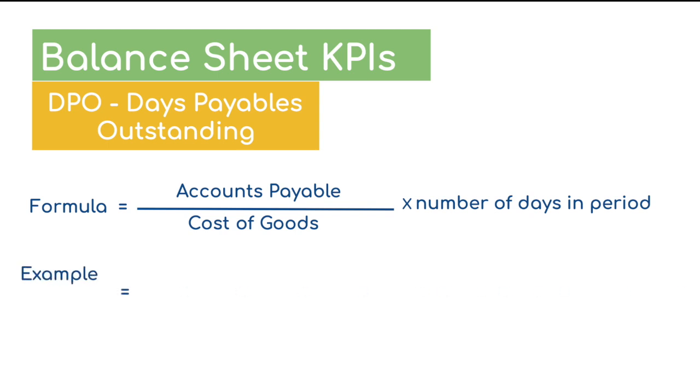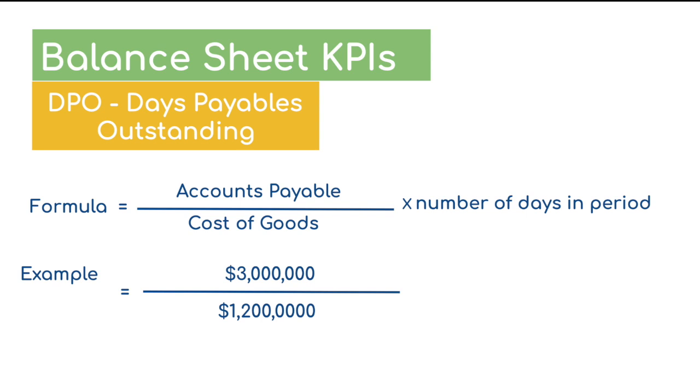So as an example, if you take an average accounts payable balance of $3 million divided by cost of goods sold of $1.2 million, then multiply that by the number of days in the month, which is 31 days, say in the month of May, you get a number of 78 days, which is the number of days it takes from receipt of vendor invoice all the way up to payment.